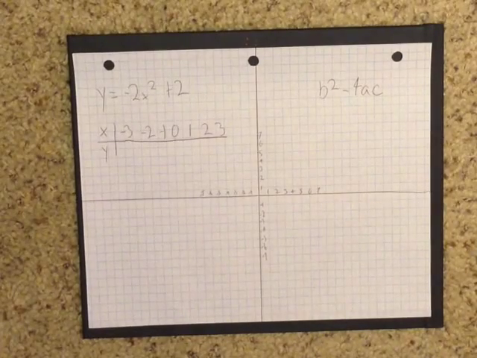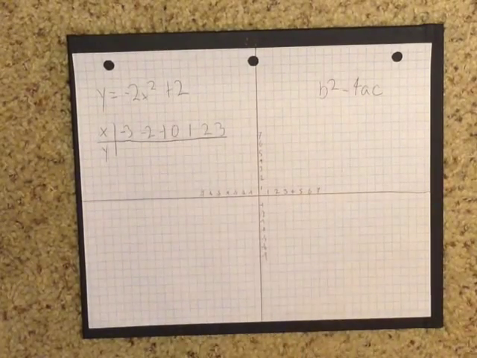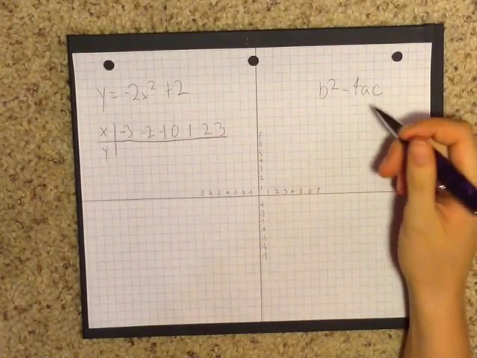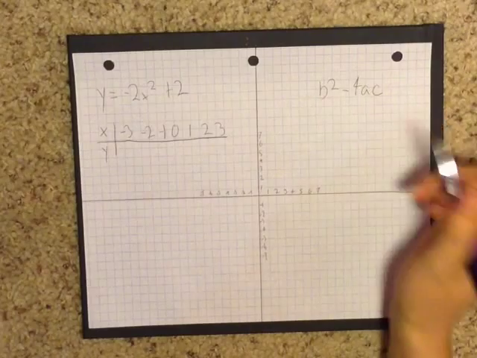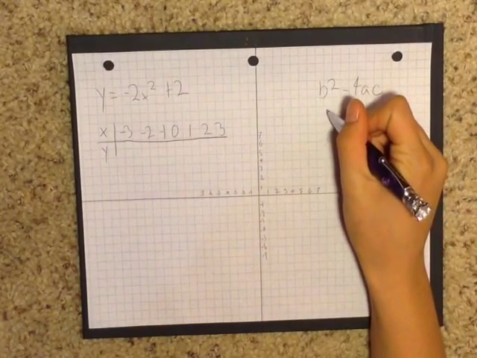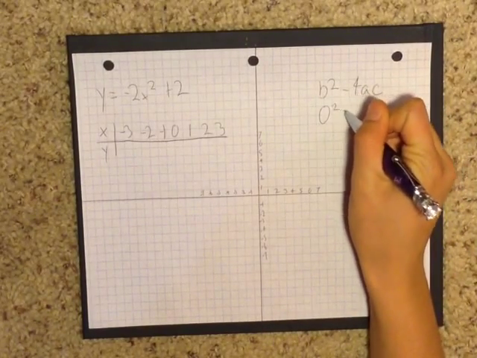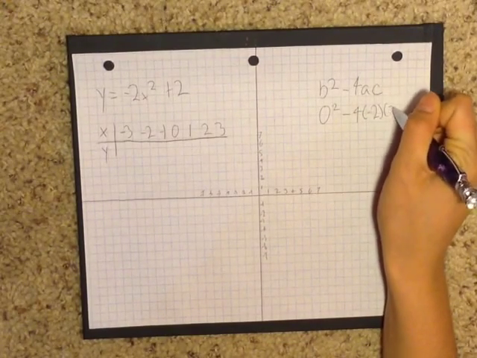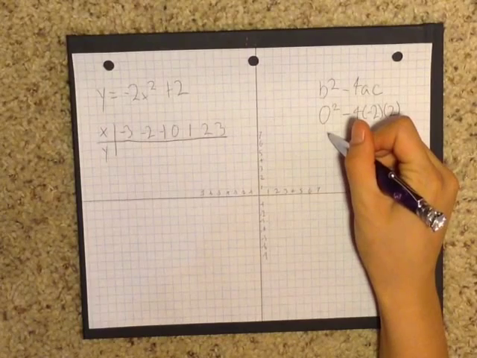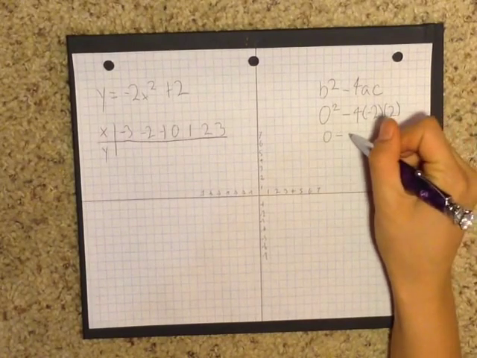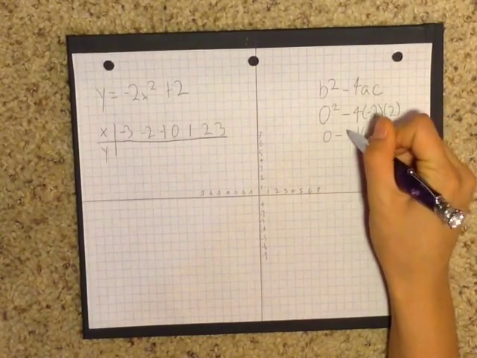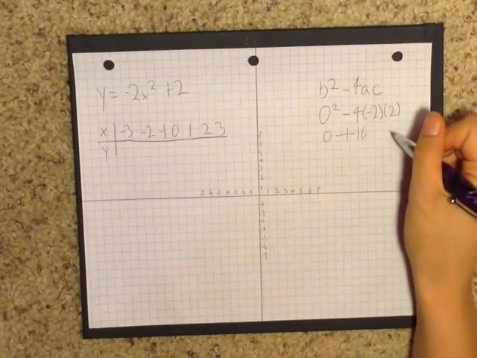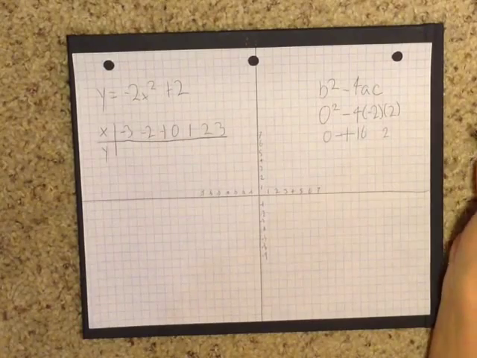Okay, now we're going to find the solutions of a quadratic equation by graphing. So first, just to find out how many solutions we're going to have, we're going to find the discriminant. So there's no b, so we're going to do 0 squared minus 4, a is negative 2, and c is 2. So if we solve this, we get 0 minus negative 16. So since it's positive 16, we know we're going to have 2 solutions.